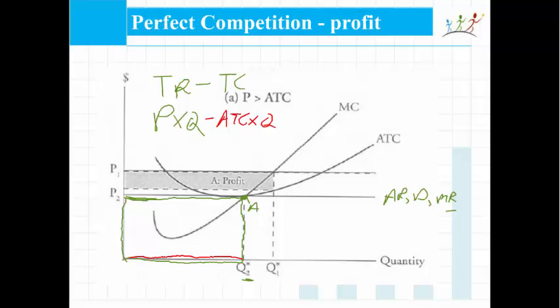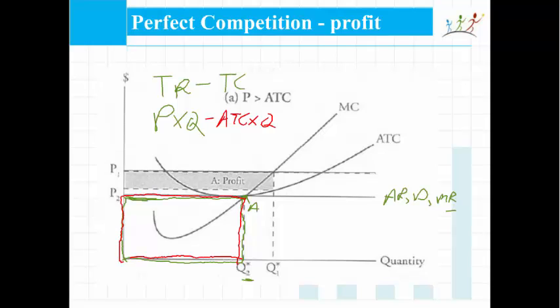And what is the average total cost? The way we depicted it at the moment, it is the same as the P2. So AQ2, this distance, is the average total cost. So what will be the total costs?